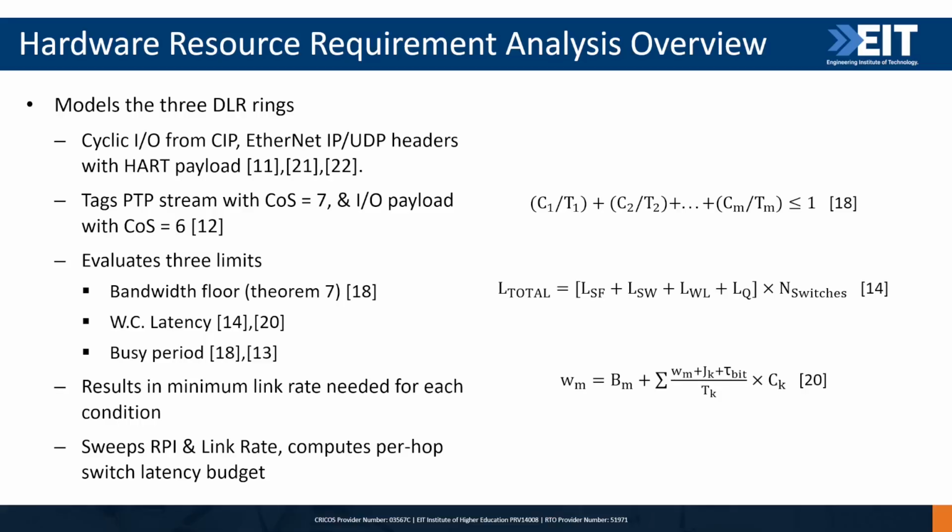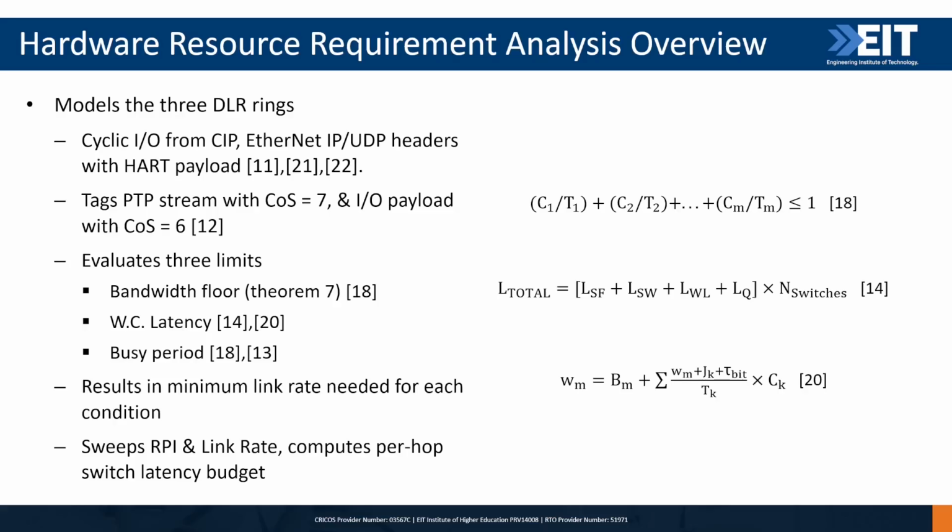So each ring was modeled to have the device's cyclic I/O frame from its CIP, Ethernet IP/UDP headers with the HART payload, and tagging the PTP stream as CoS 7, which just means it's going to be higher priority than the I/O, which was tagged at 5.